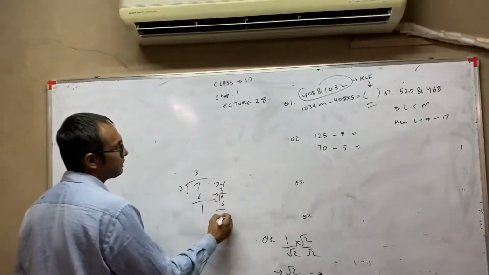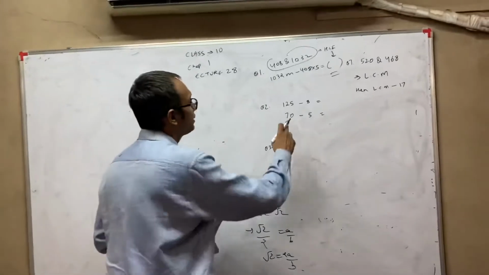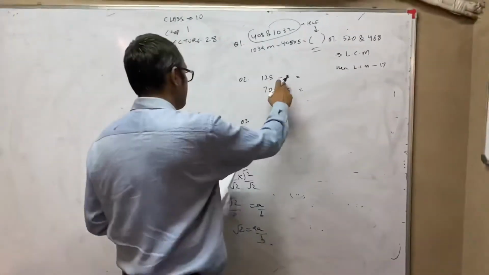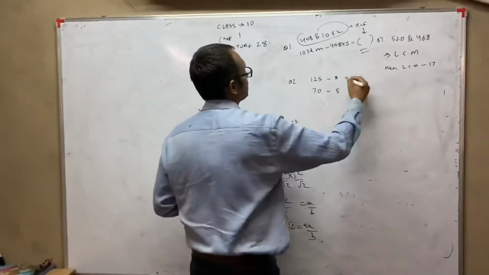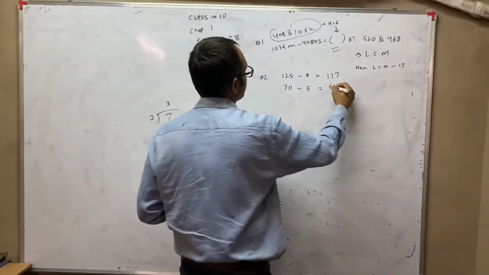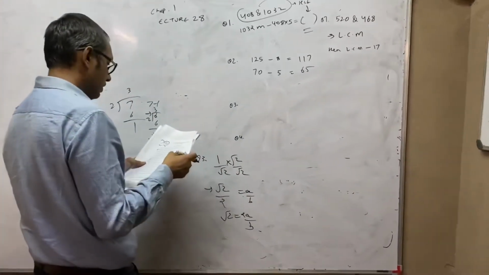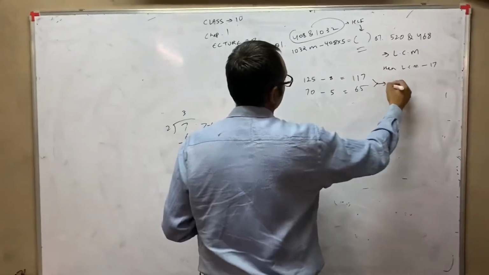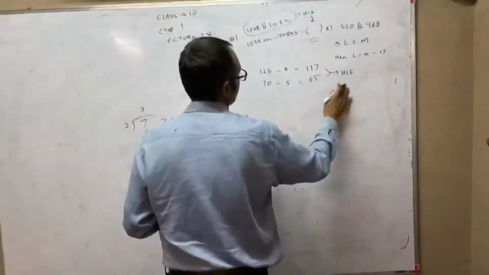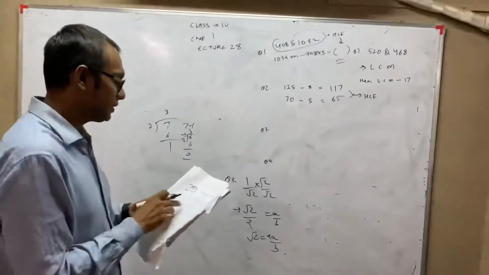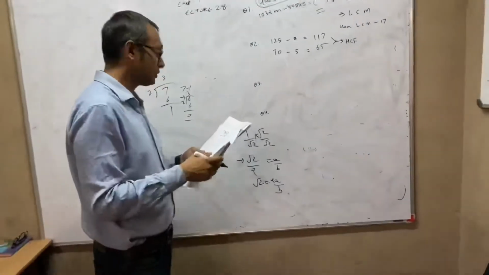So the first step, we subtract the remainder they have given: 125 minus 8, and 70 minus 5. So you will get 117 and 65. Now you get the HCF of both. Whatever the HCF is, it will divide both of them. That's what they asked: find the largest number which divides these two numbers.